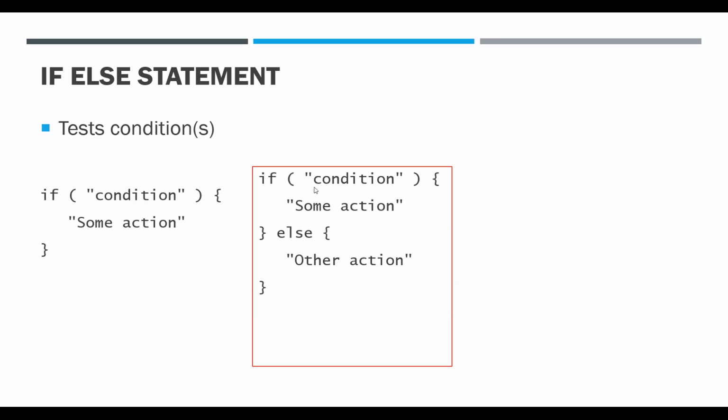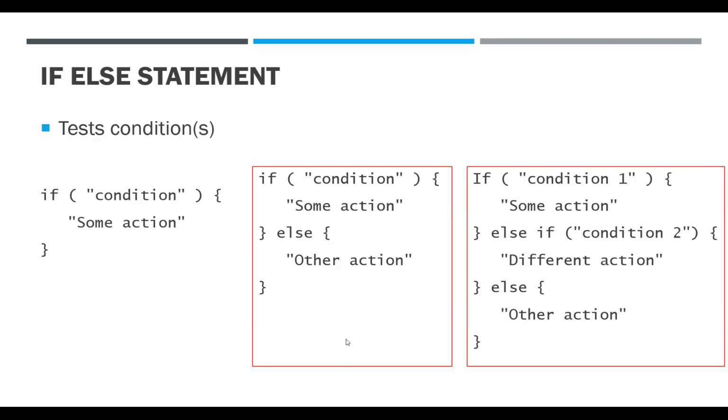For example, let's say the condition is a variable equals some value, then some action can be taken. However, if that variable doesn't equal that value, or the condition is not met, then it'll default to this other action inside the else curly brackets.